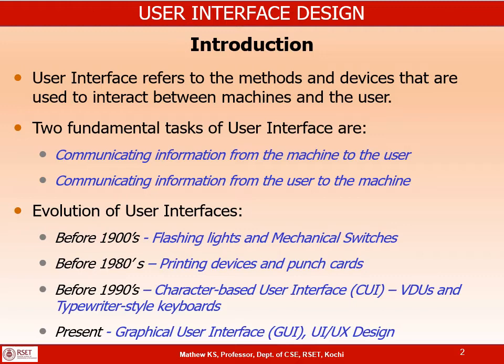From 1900 to the 1980s, you could see a lot of printing devices. Punch cards were used to give input from the user to the machine, and printed output was used by the machine to communicate information back to the user.